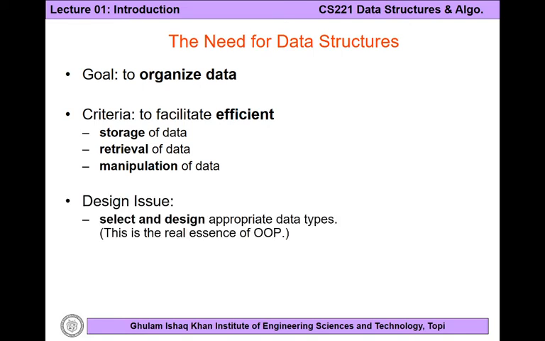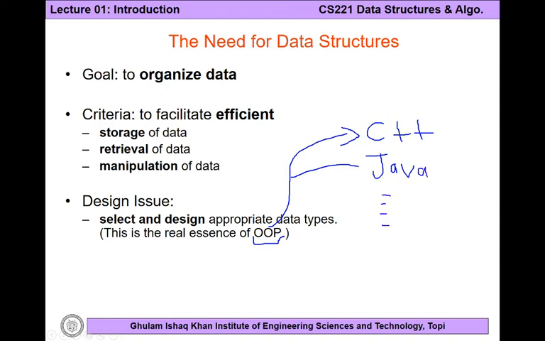So the design issue is to select and design appropriate data types. This is the real essence of object-oriented programming. And remember, if you recall the object-oriented programming course, we covered C++ in that course. But again, you can do object-oriented programming in Java, and there are other languages as well which provide object-oriented facility.